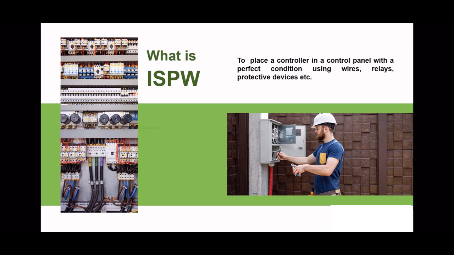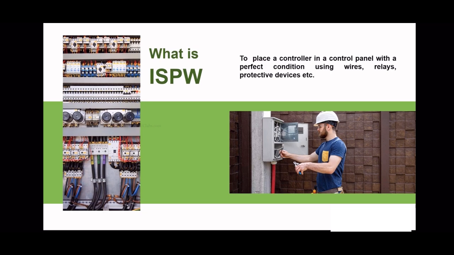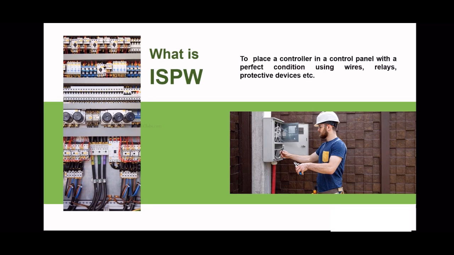Basically, the panel wiring section is for fixing a controller in suitable, perfect condition by using wires, relays and protective devices. You need to know that the protective devices are more important in the panel wiring section.